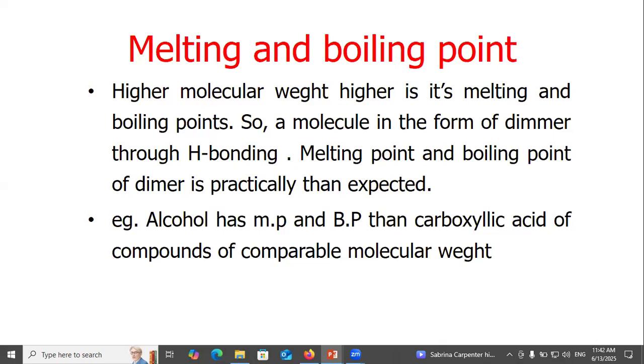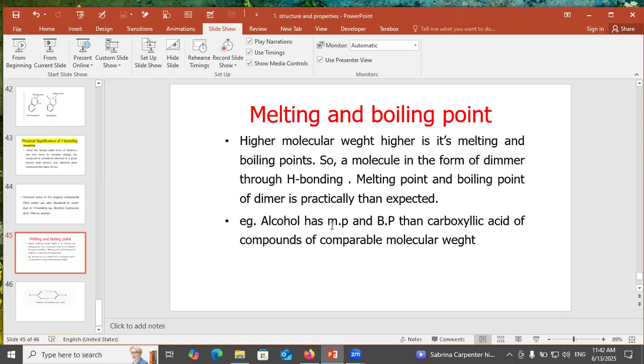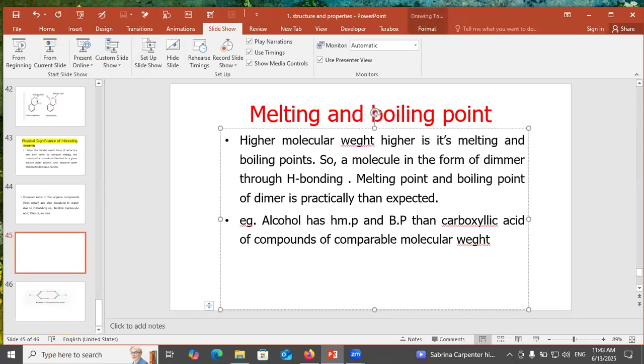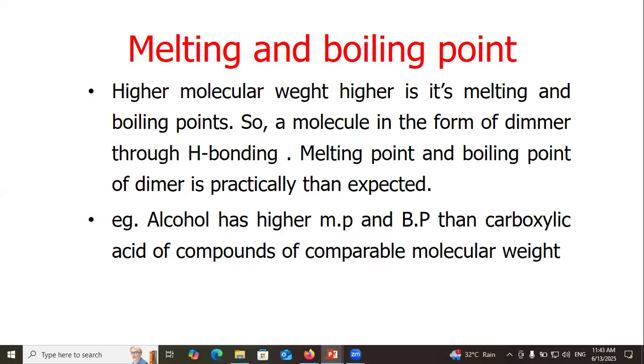Example: alcohol has a higher melting and boiling point than carboxylic acids of compounds of comparable molecular weight.